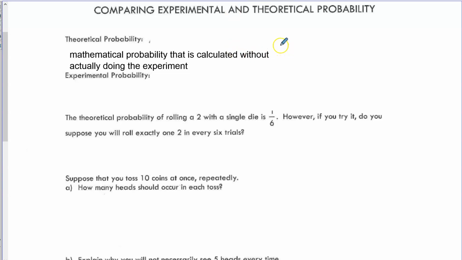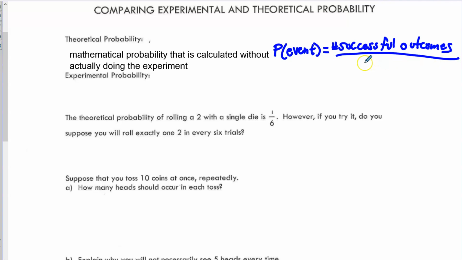It was the probability of the event is equal to the number of successful outcomes over the total number of possibilities.